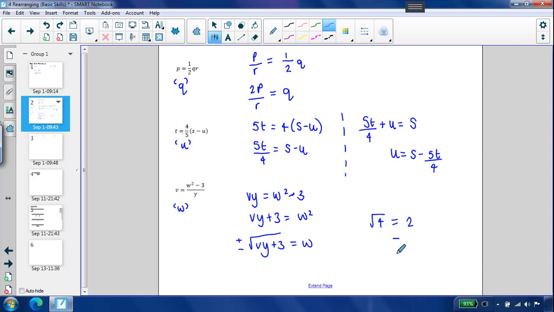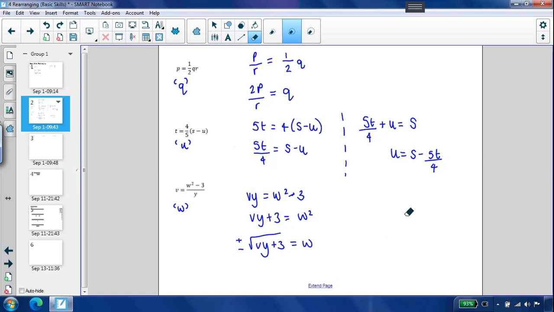But there's also another answer, and that answer is minus 2, because minus 2 multiplied by minus 2 is also 4. So when you square root, there isn't just a positive answer, there's a negative answer as well. So that's why I've put the plus and the minus here to show that this expression will have a positive and a negative solution.